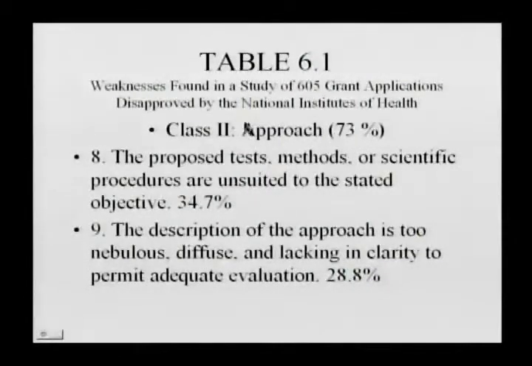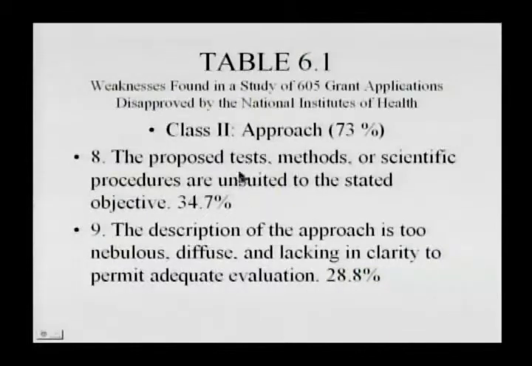Class 2 is based upon the approach. The proposed tests, methods, or scientific procedures are unsuited to the stated objectives. So remember that correspondence of problem to method to, I don't remember all the terms here, but problem to method to conclusion, basically.